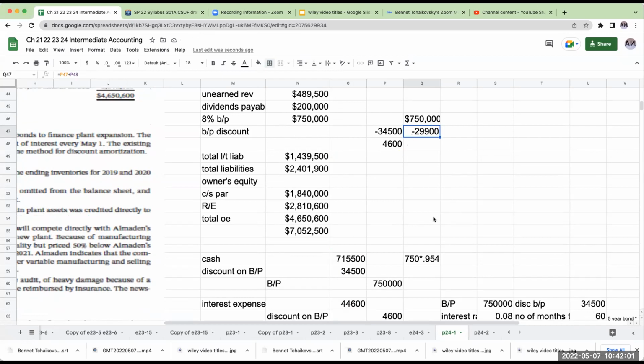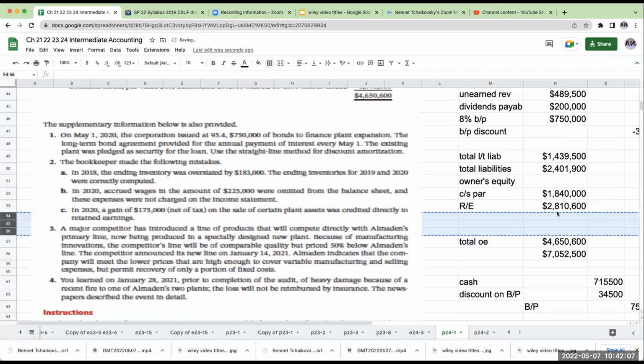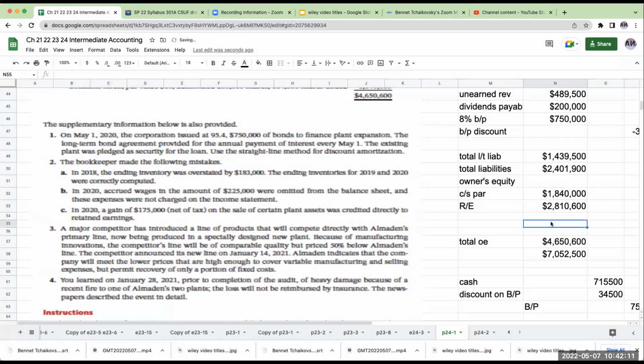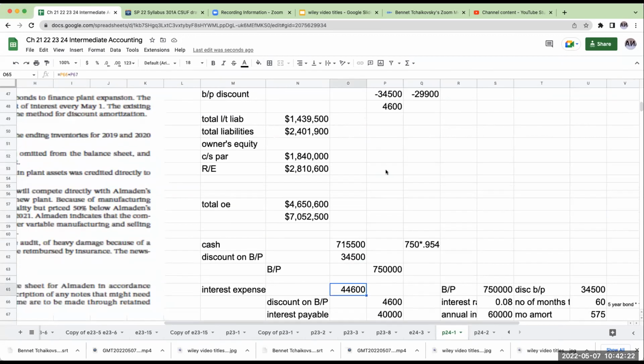Okay, the other thing we have over here is retained earnings. We're not doing anything with income taxes. So the amount that's going to interest expense is basically 44,600.